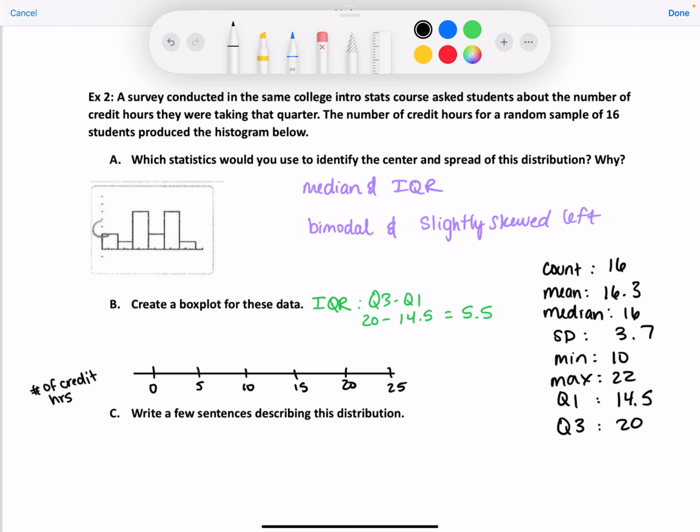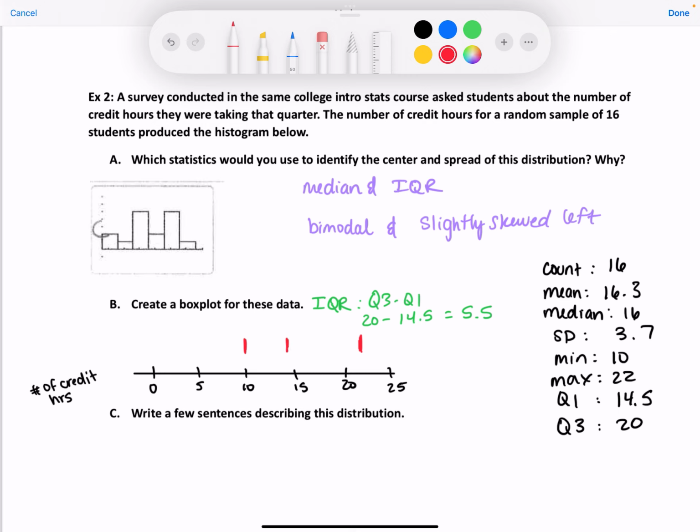All right, so to draw this on here, my min is at 10, so that's the end of one whisker. Max is at 22, there's my other whisker. Then Q1, median, and Q3 are all getting put on there, and that's what makes that center box that is our IQR. So Q1 is at 14.5.